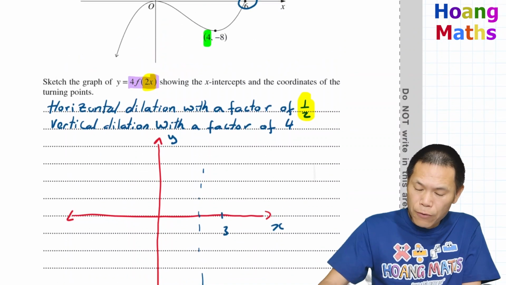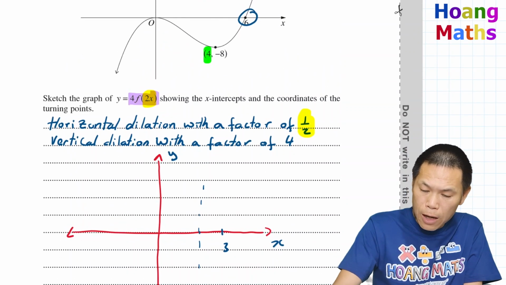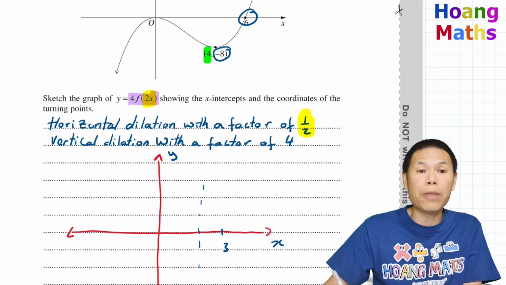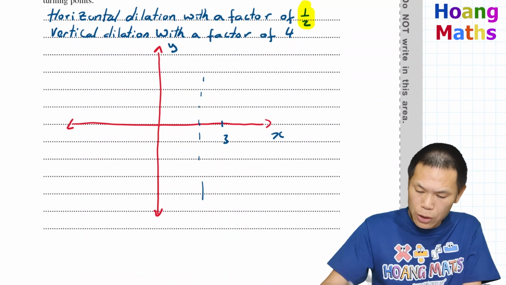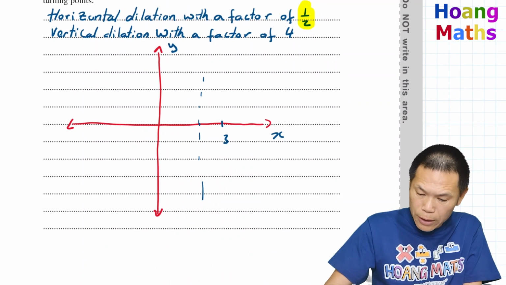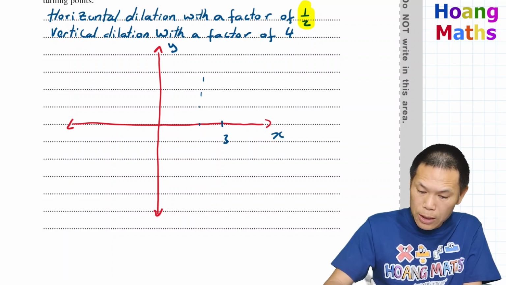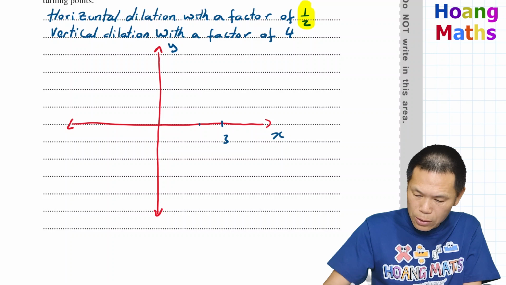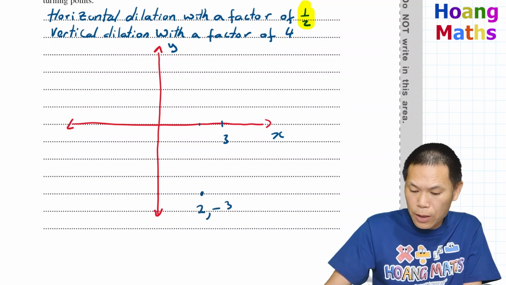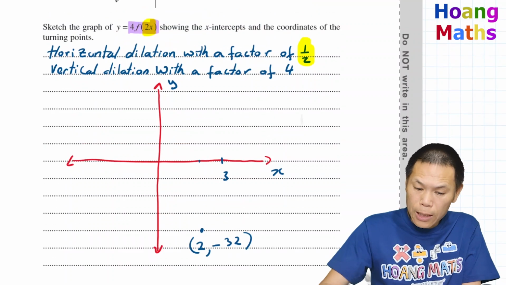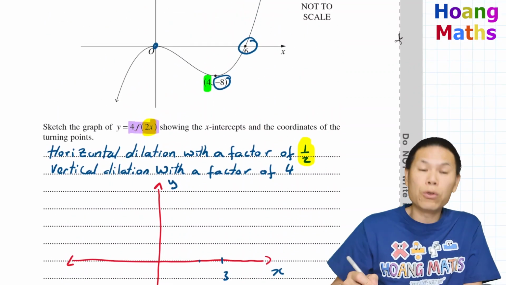Then the vertical dilation is a factor of 4. So that means 4 times negative 8 is negative 32, so roughly here. Let me just clear this first. So there you go, 2 and negative 32. And then half of 0 still gives me 0.